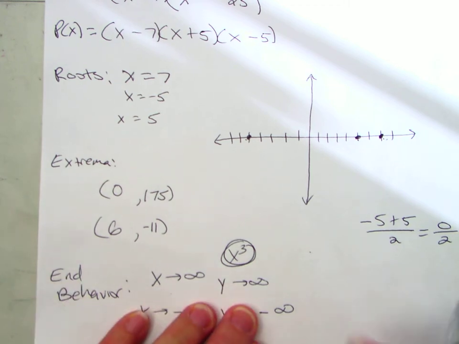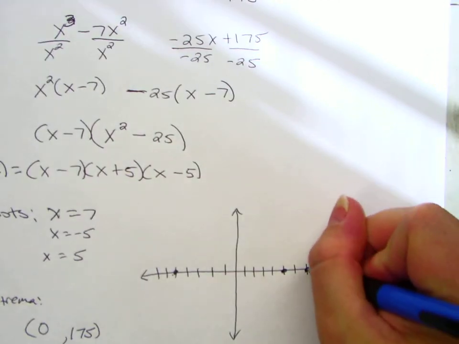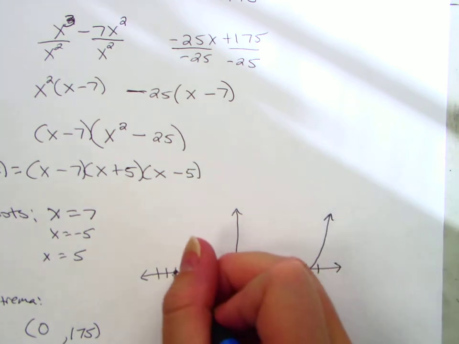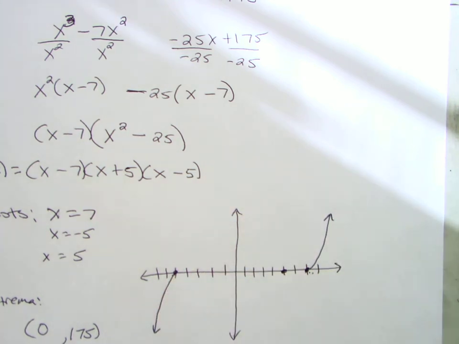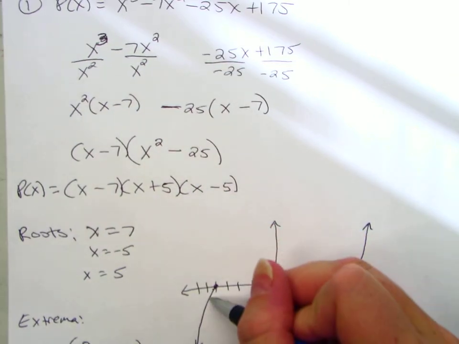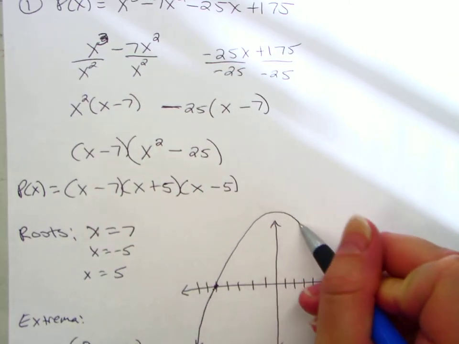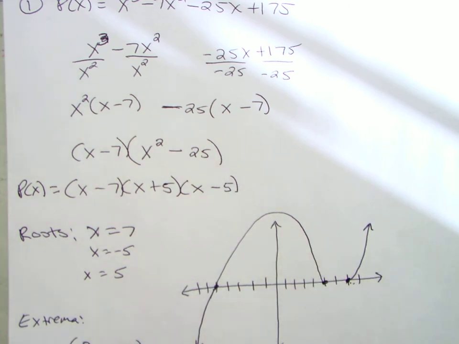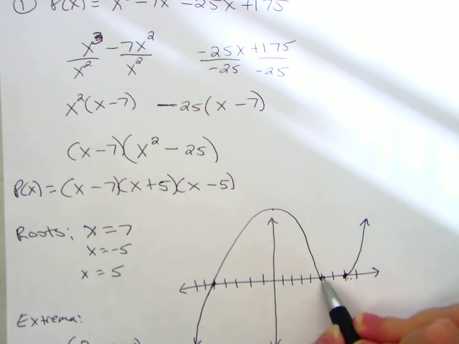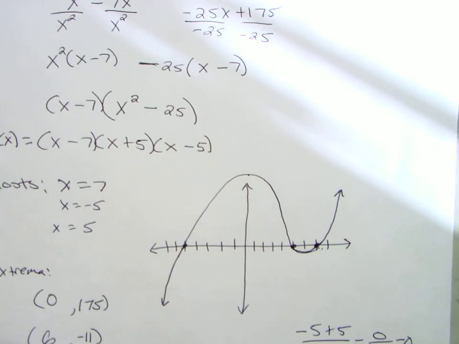Nothing weird is happening. As we go to infinity, the graph is going up. As we go to negative infinity, the graph is coming down. And then we're going up to 175, so we're going up pretty high. And if this is 175, this should not go very low, so make it nice and low, like that. And we're done.